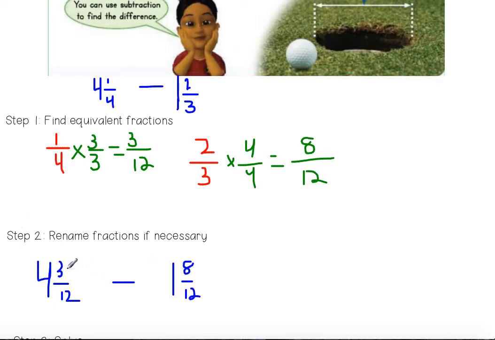However, when you try to subtract 3/12 minus 8/12, you cannot do that because 3 is smaller than 8. So here we have a problem. I can't subtract 3 minus 8. So what I need to do then is kind of do the reverse of adding mixed numbers. And you'll see what I mean in 1 second.